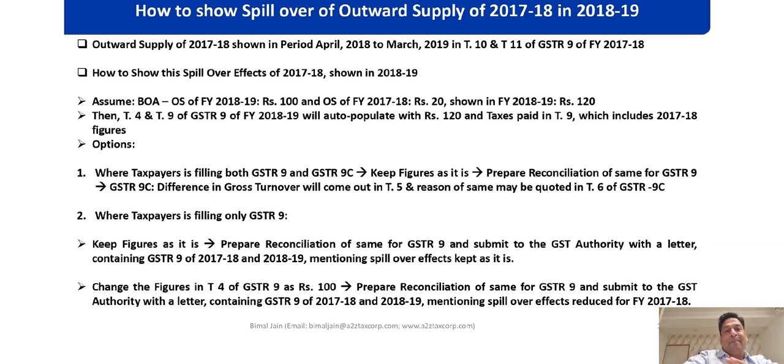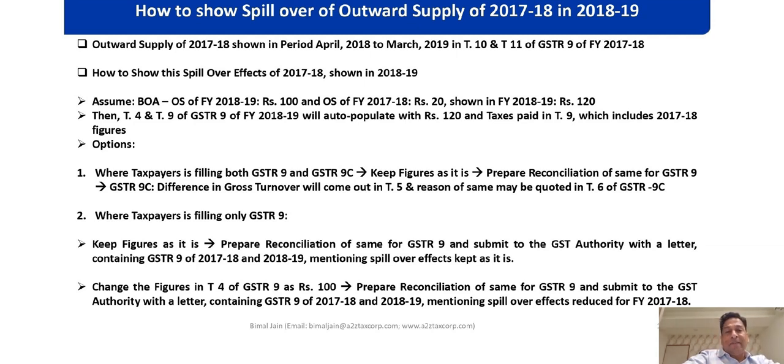Let's take an example and try to understand. Your book turnover is 100 for 18-19, and 20 rupees pertaining to 17-18 you have shown in the period April 18 to March 19 in table 10 of GSTR-9 of 17-18.